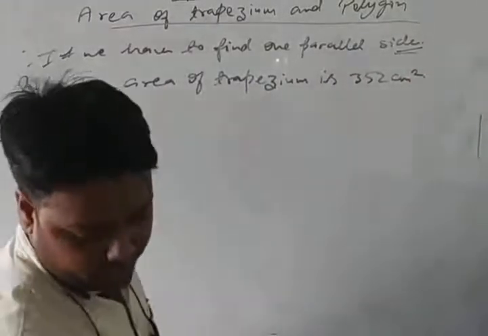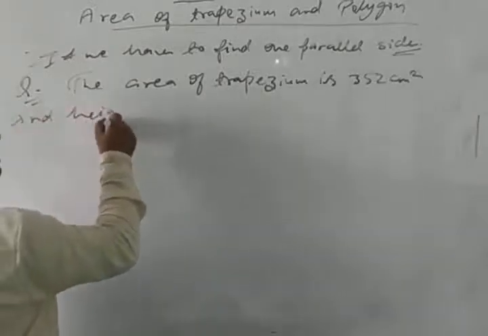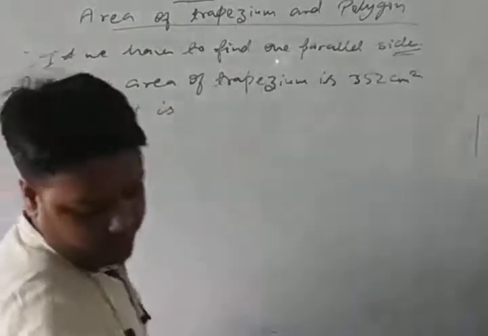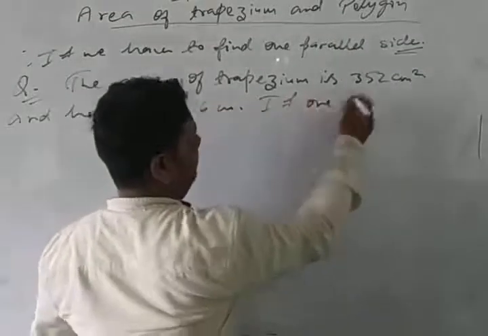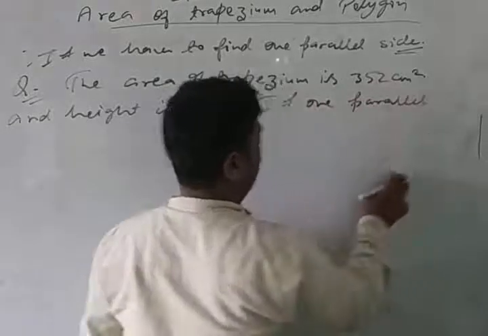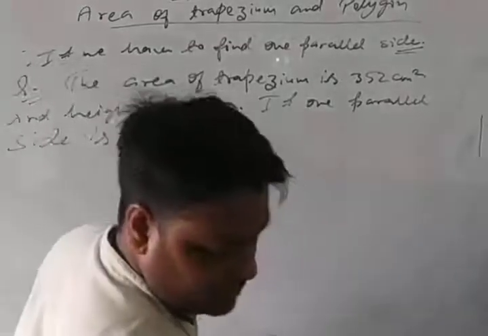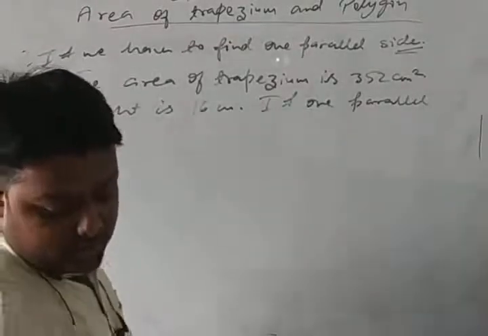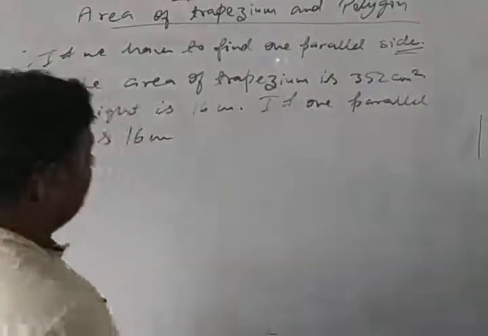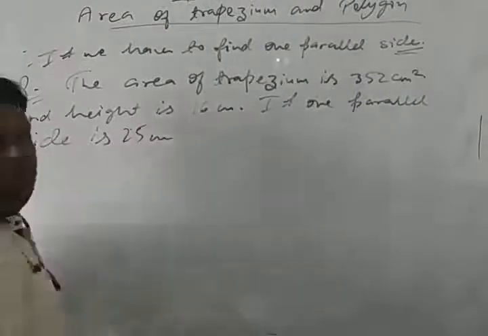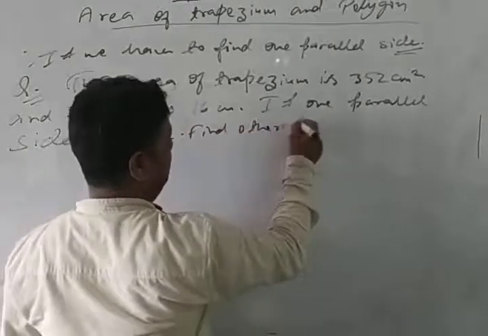It is given. And the distance between its parallel sides, or we can say the height, is 16 centimeters. If one parallel side is 25 centimeter, then find the other parallel side.